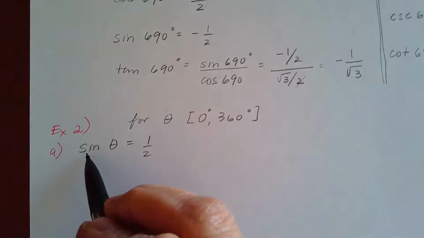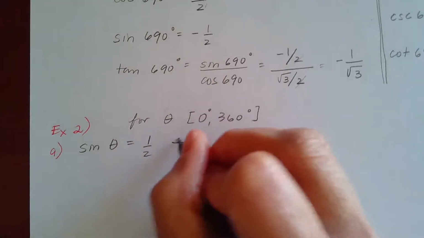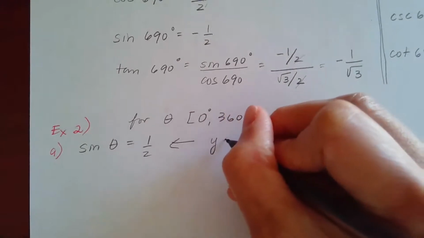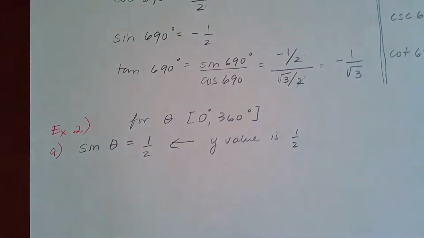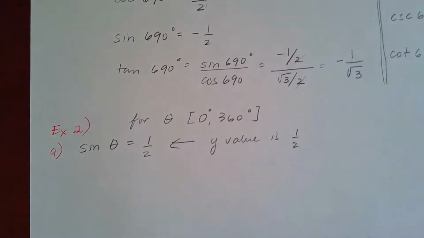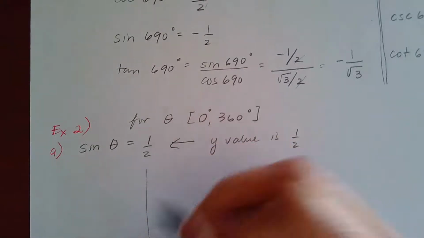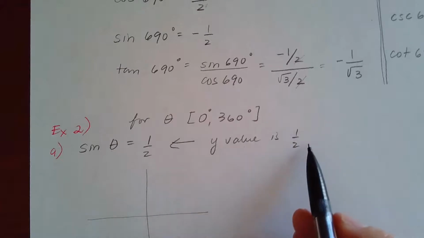Now, what does that mean? The sine of the angle is 1/2. Sine is the y value, which is positive 1/2. Sine is talking about how far up that particular point is on a unit circle. So if you have a unit circle, where is the y value 1/2?